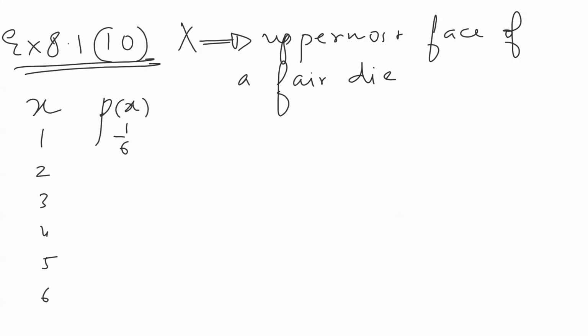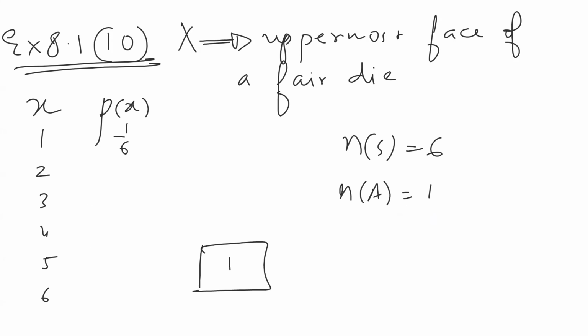Try and understand, n of s is equal to 6. There are 6 cases, and only one event in which you can see 1 on the top. So it is 1 upon 6.